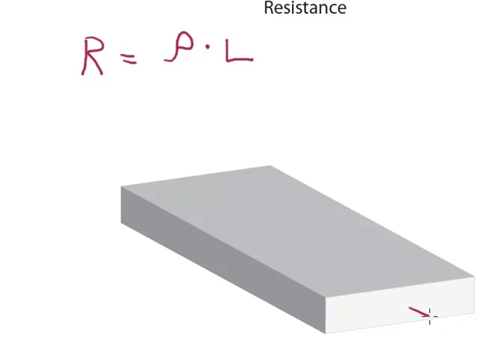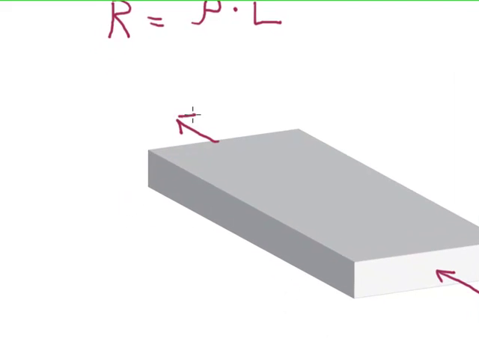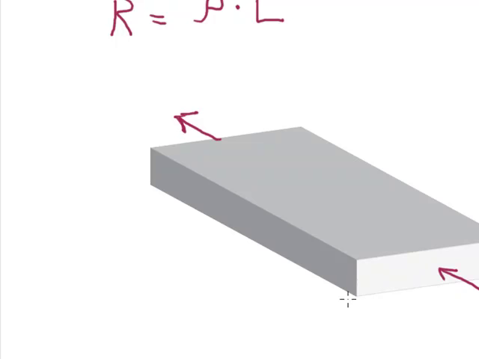And in this case, let's just say the current is coming in one end and then coming out the other end. So you might imagine that the longer this is, the higher the resistance will be, and so that multiplies directly. I'm going to take this as the length.